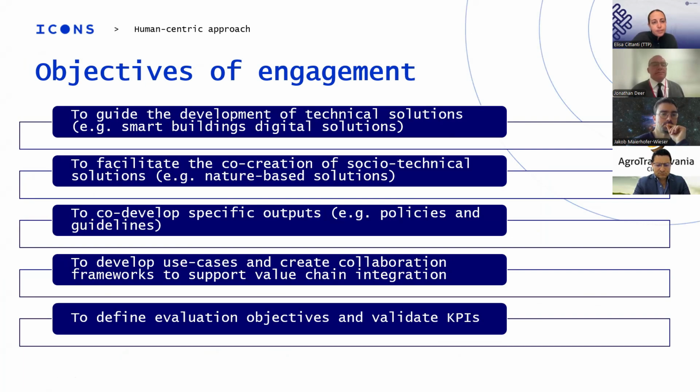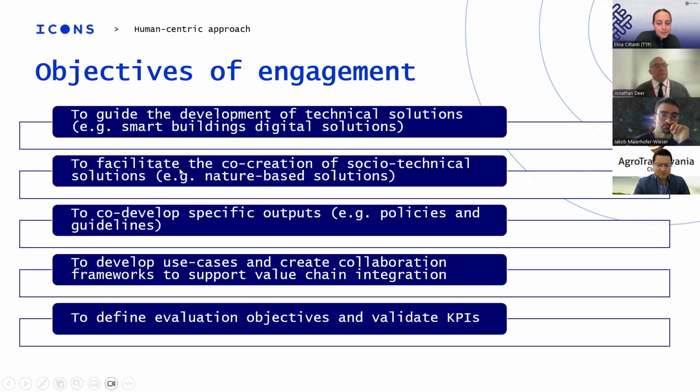For instance, we are involved in many projects with a topic focused around energy and energy renovation of smart buildings. In this context, what we do is work together with the technical partners involved in the project to understand what they are going to develop and how the residents of the buildings, if this is requested from the project, of course, can contribute to the design of the solutions.